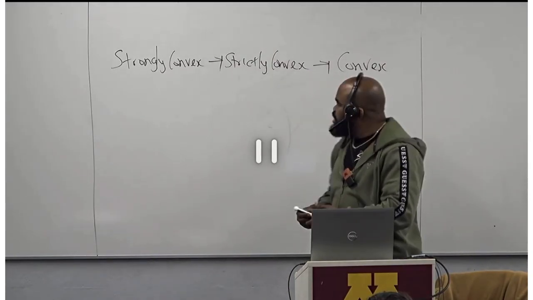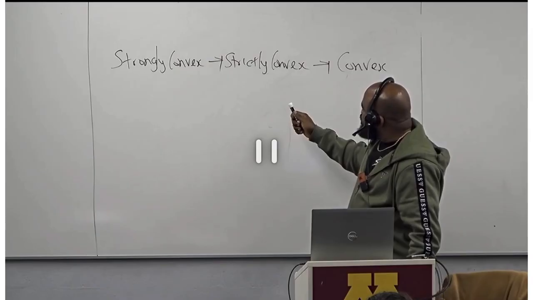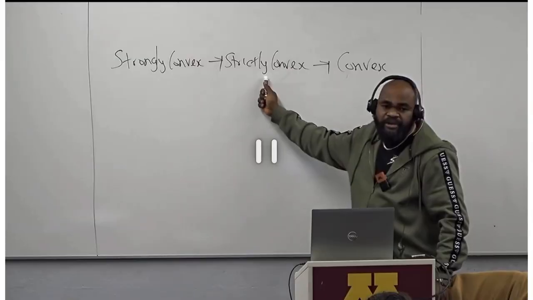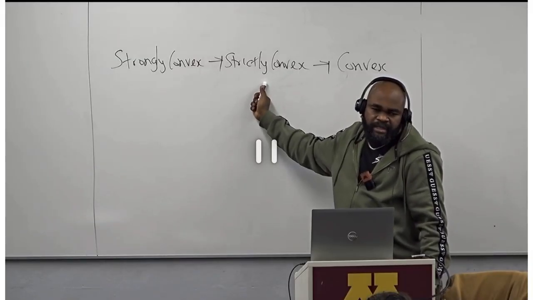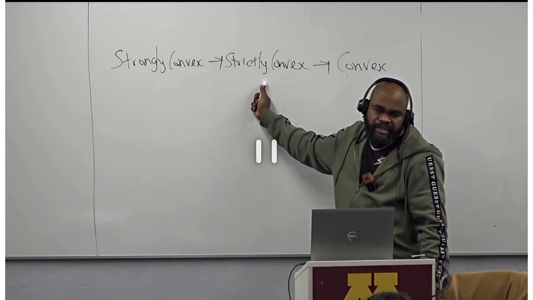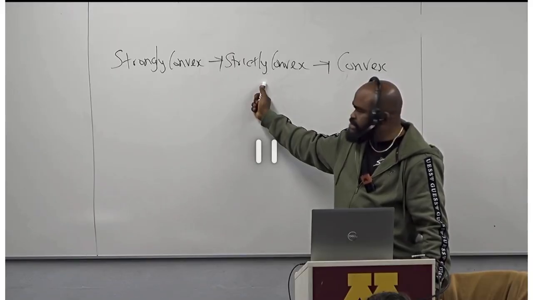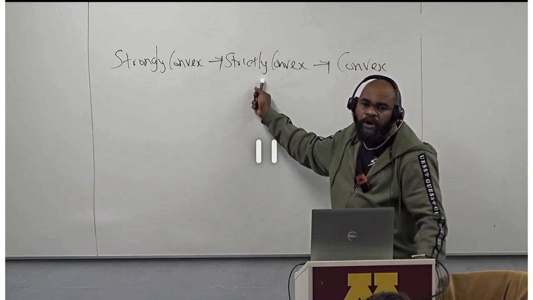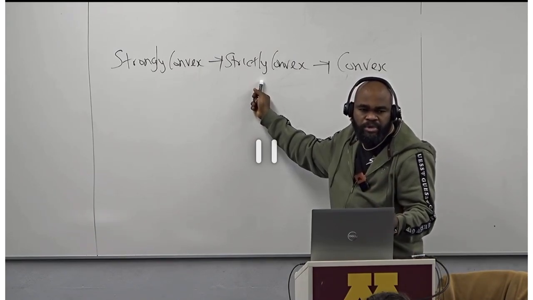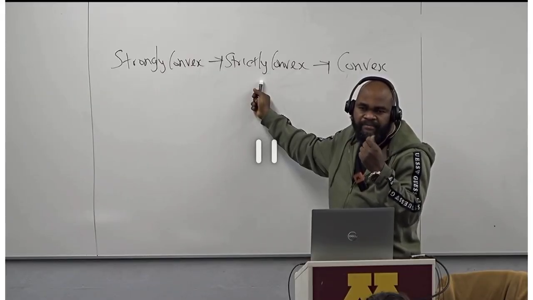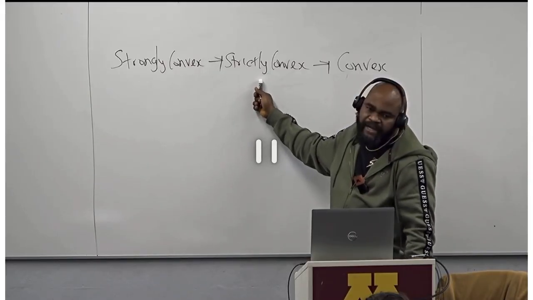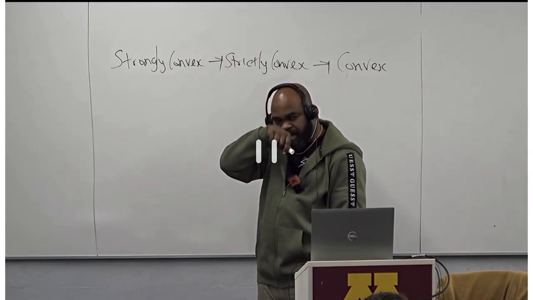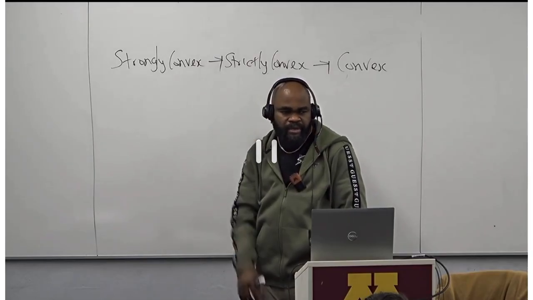Now, even though we want convex, if it is strictly convex, that actually says we are going to have curvature, even though we can still maybe have a flat part. But when you're taking a look at strongly convex, we're actually going to have curvature everywhere.